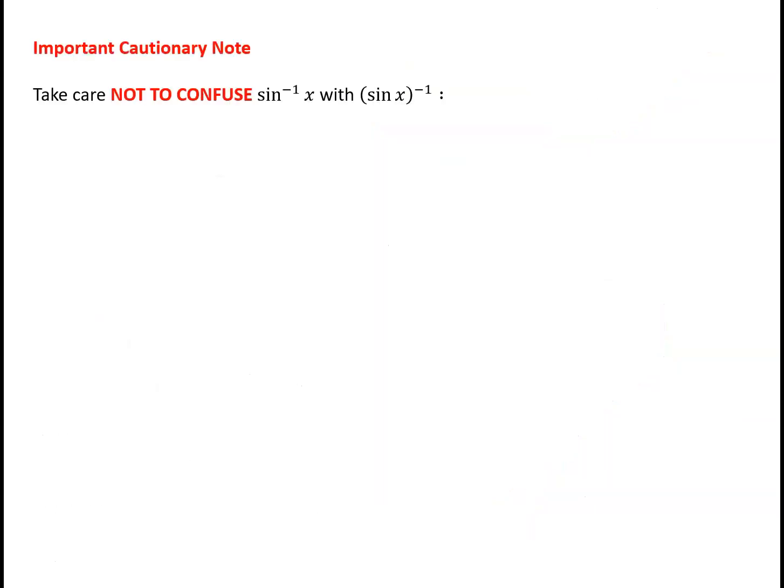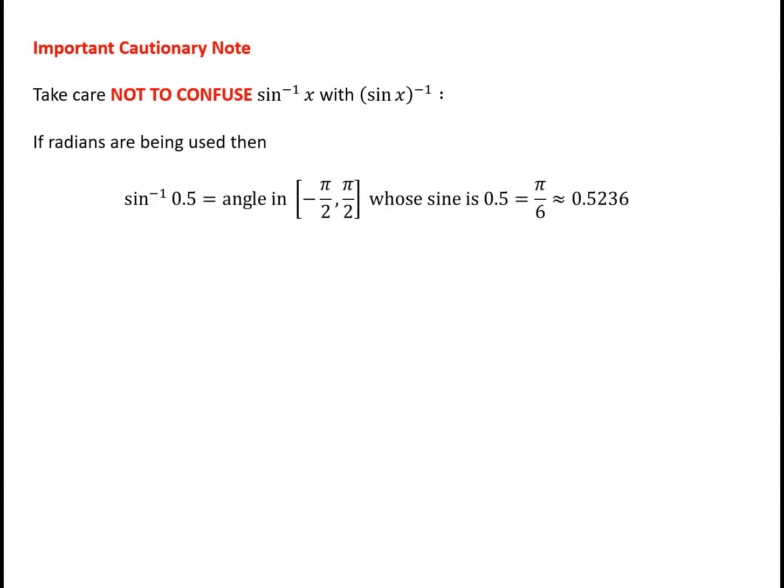Take care not to confuse sine to the minus 1 of x with sine x to the minus 1. They're not the same. If radians are being used, then sine to the minus 1 of 0.5 is the angle in the interval from minus pi by 2 to pi by 2, whose sine is 0.5. And that value is pi by 6, which is roughly 0.5236.